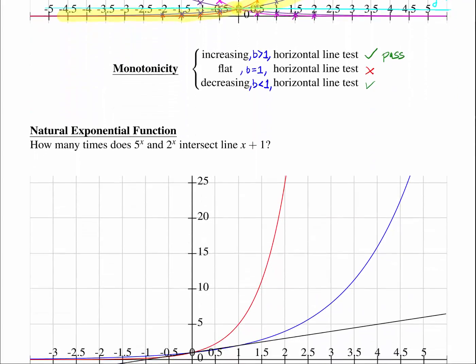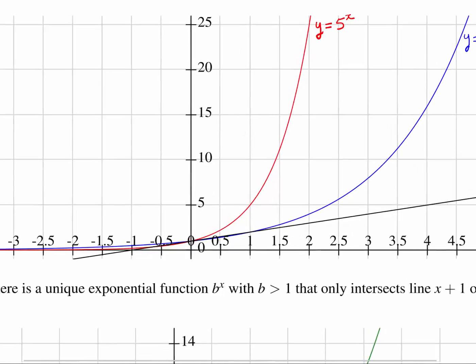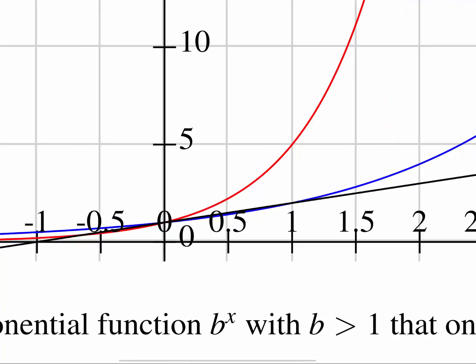Now, this brings us to our last point, and that's the natural exponential function. There is a unique exponential function with base greater than 1 that intersects the line y equals x plus 1 just once. So we've drawn this in here. If we zoom in, we see that 5 to the x intersects y equals x plus 1 at x equals 0, but also at a negative number.